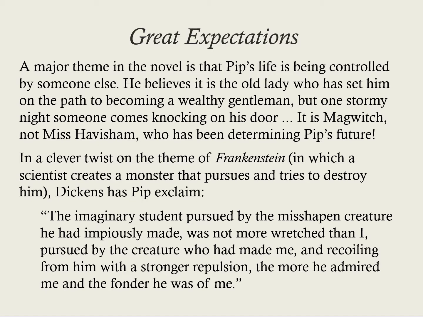So Dickens is referring explicitly to Frankenstein here and saying, instead of Frankenstein making the monster, the monster makes Pip. Pip's identity has been shaped, he's been controlled by the monster. Although in the end, Magwitch is not so much of a monster, but that's the image.